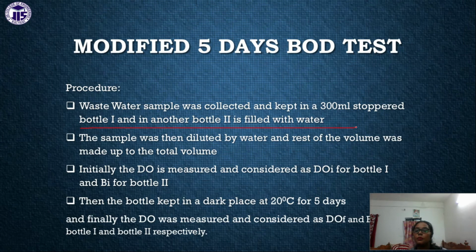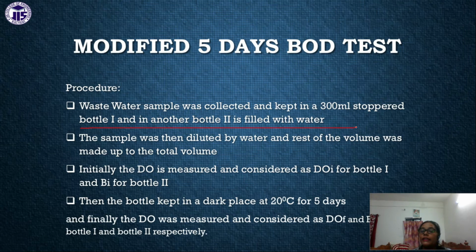The volume of both bottles is the same, that is 300 ml. In the first bottle, again we take the wastewater and dilute it with the water. And in bottle 2, we take only the dilution water, not the wastewater sample.